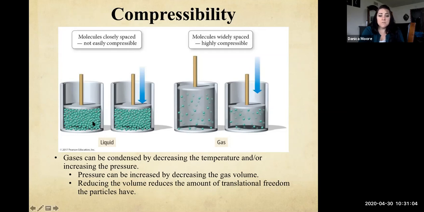So molecules that are very close together, very dense, are not going to be affected very much, even by tremendous pressures, right? So high pressures won't affect the volume of liquids or solids very much, whereas high pressures will extremely affect gas, right? So gases can be condensed by decreasing temperature or increasing pressure.